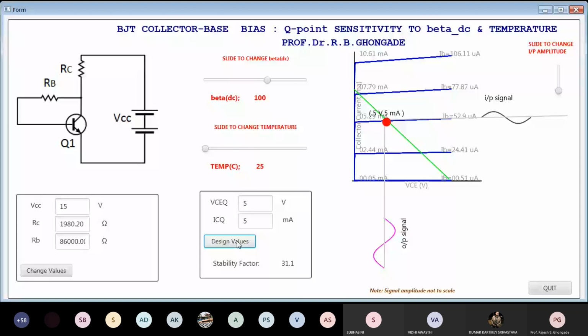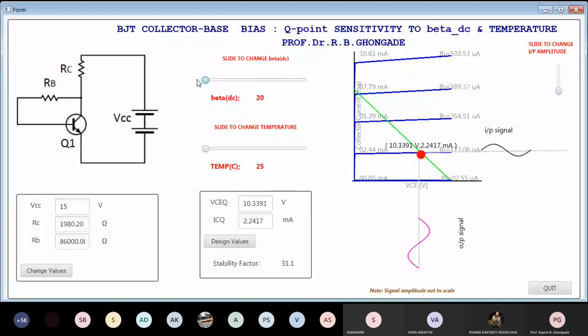Are these the same values? Yes, obviously. Now look at what happens to the change in beta. Is a large variation there or not?